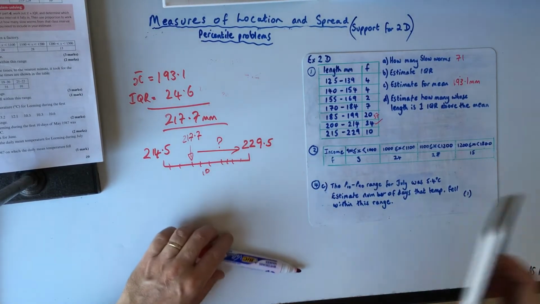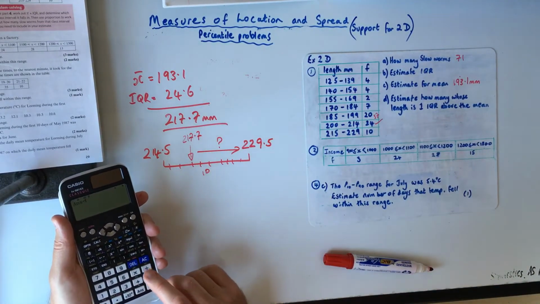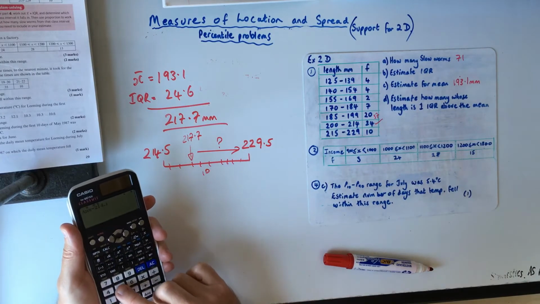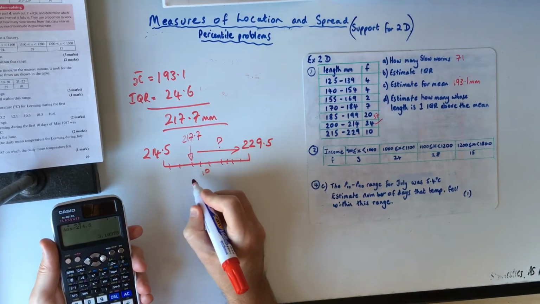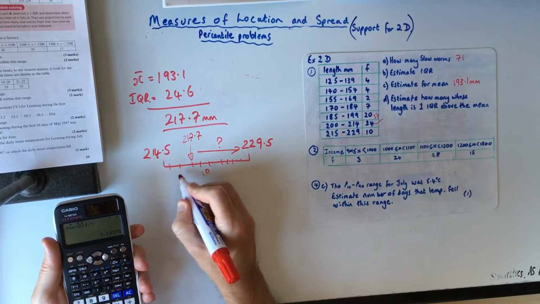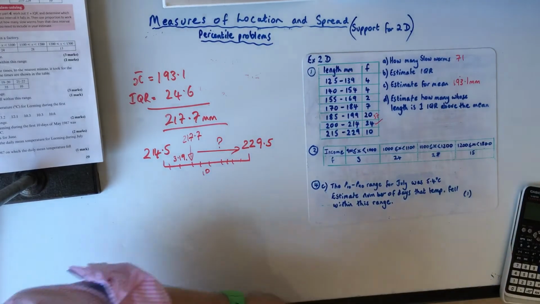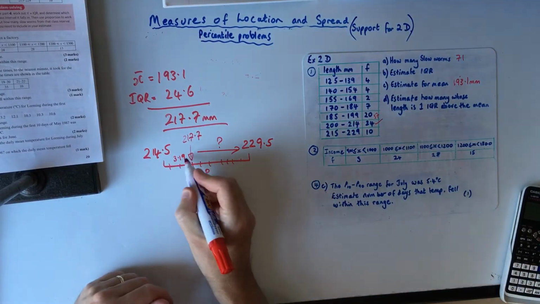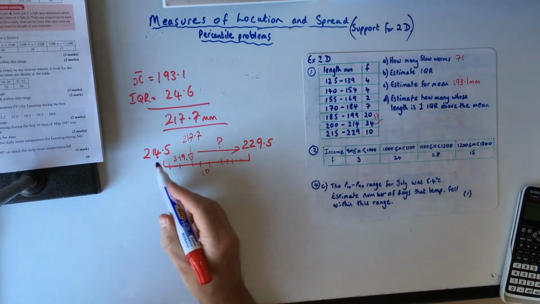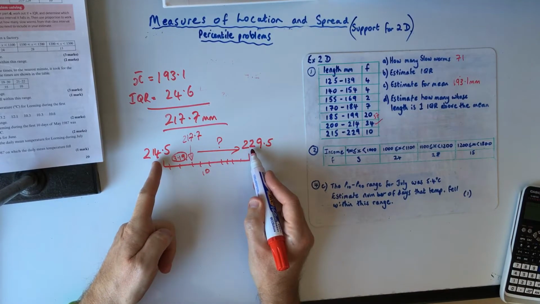All we do, of course, is go 217, take away the 214.5, that leaves us 3.19 into this group. That's where it is. It's 3.19 into this group, or 3.2. And it's 3.2, not snakes, but millimeters out of the 15.